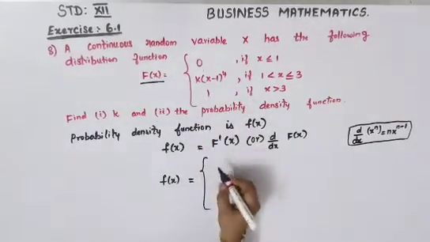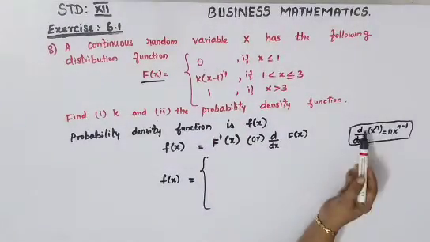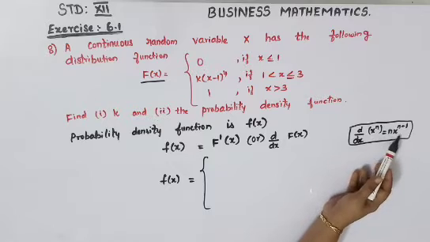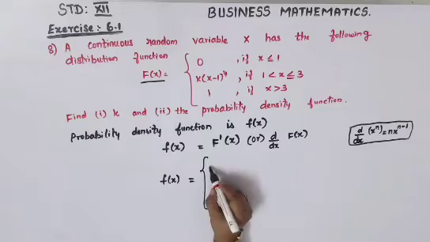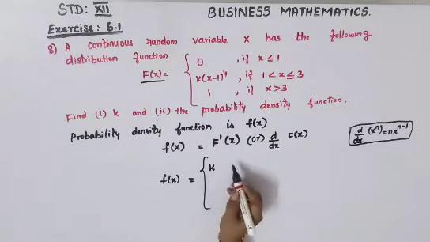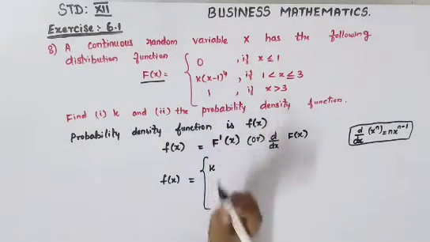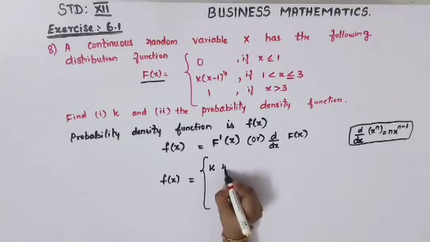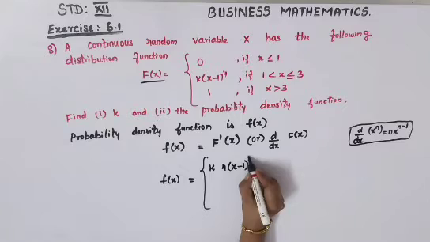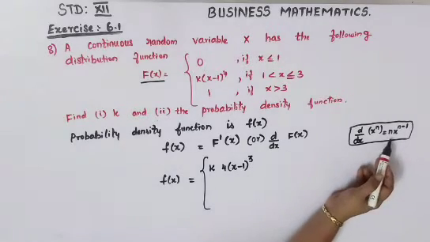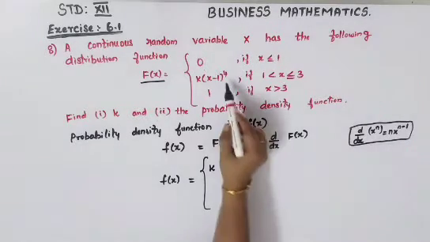Just go for your differentiation and write the formula here: d by dx of x power n is equal to n x power n minus 1. We'll use this formula here. k is a constant, just keep it as it is. (x minus 1) the whole power 4 becomes 4 (x minus 1) the whole power 4 minus 1, which is 3. Substituting in this formula, in place of n we have 4.